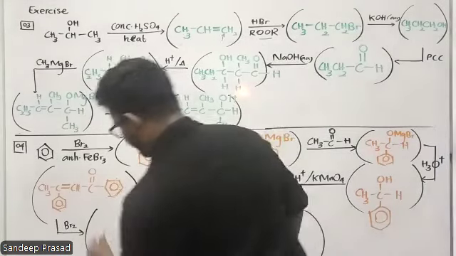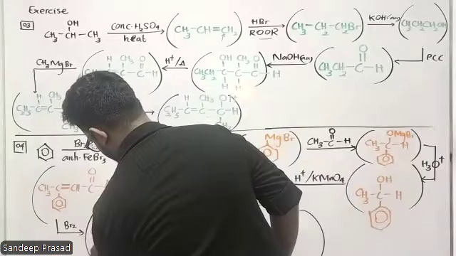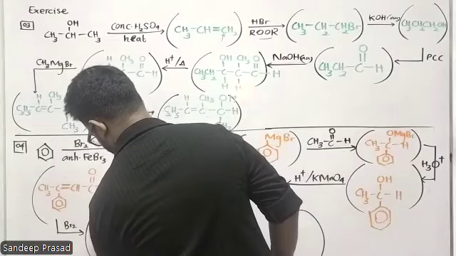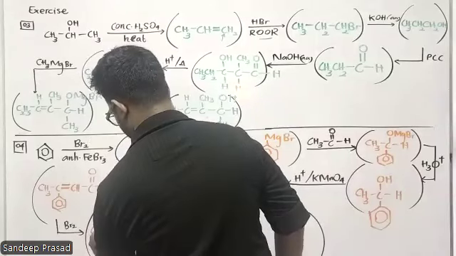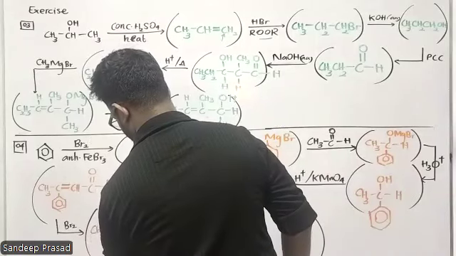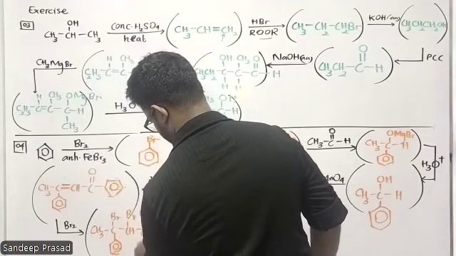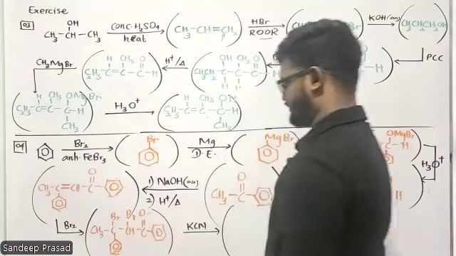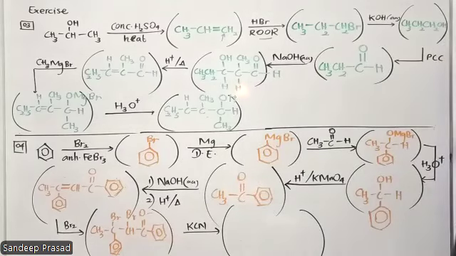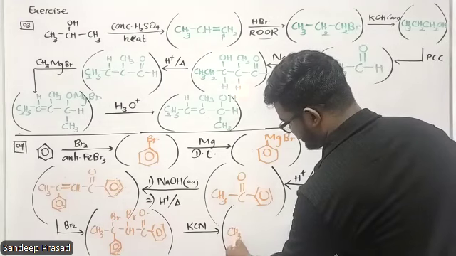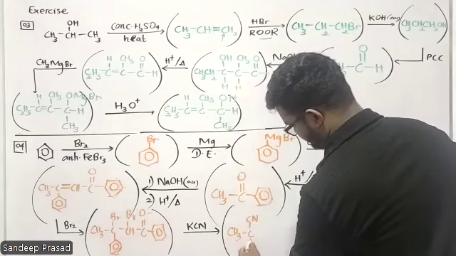Then Br2 is added here. Phenyl ring. Okay. KCN, right? KCN means bromine is reacting with this one.